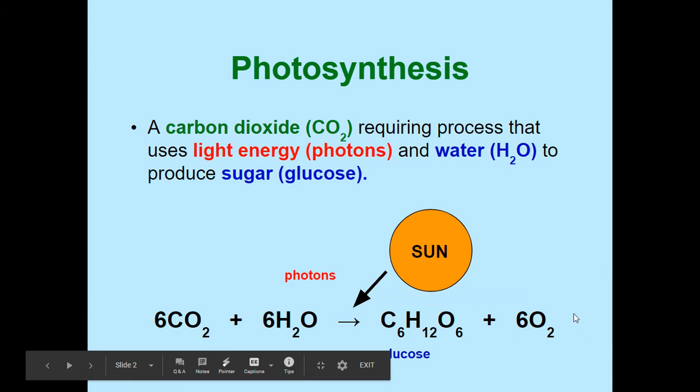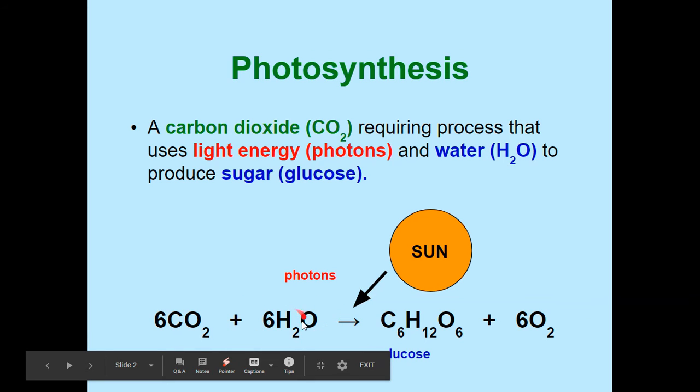Okay, so this is important because it's saying that we can take things that are CO2 and water, and these aren't really usable. This one, especially to us as people, carbon dioxide, because we breathe it out, we don't really need it.